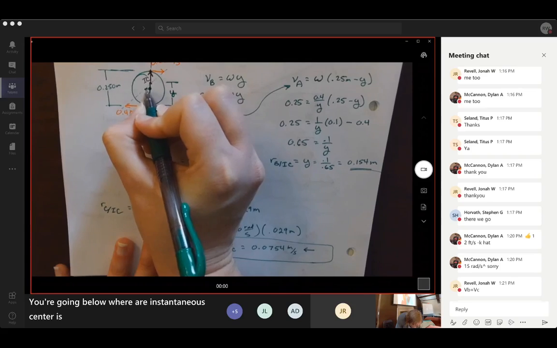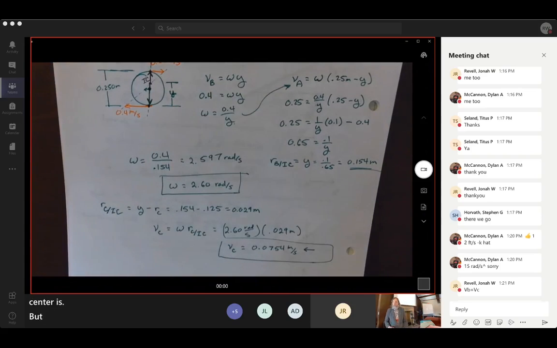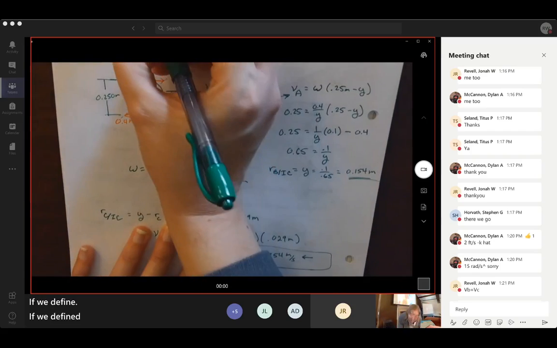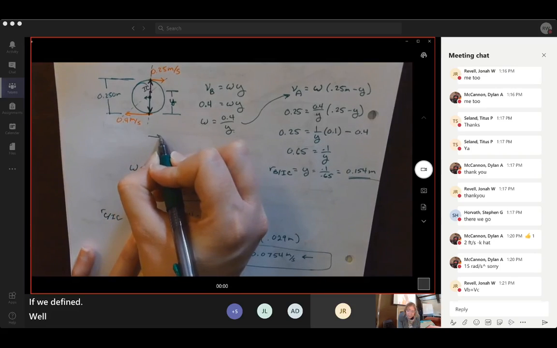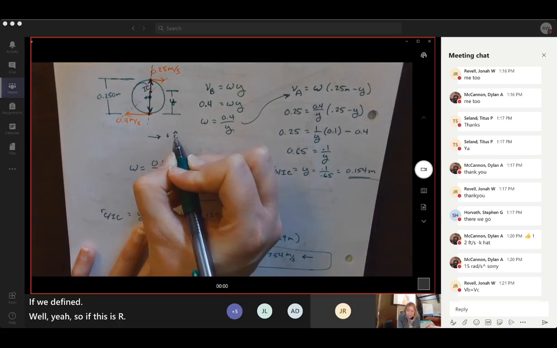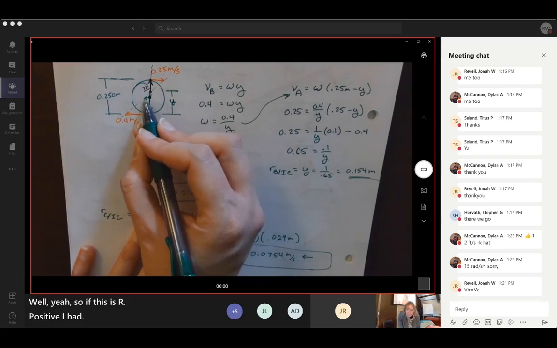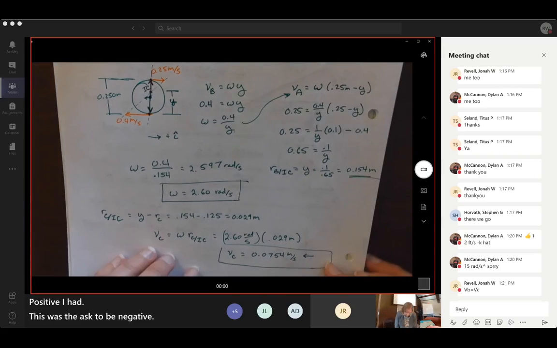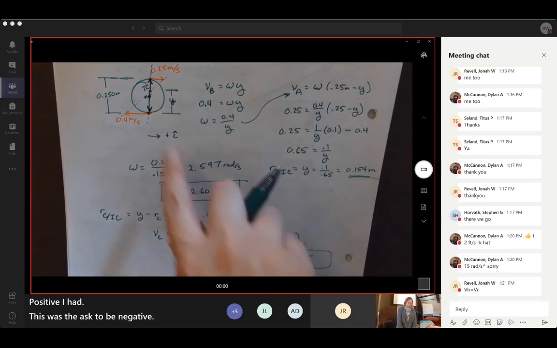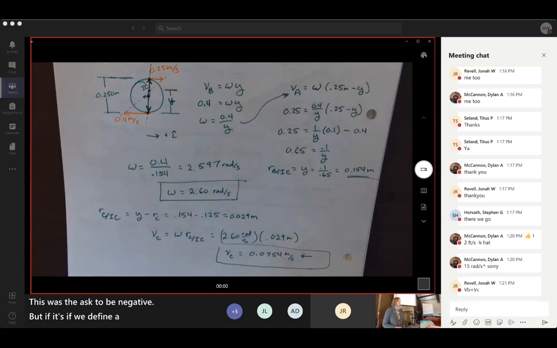Could you also write it as positive I hat? It would have to be negative I hat, right? So it depends on how we define X and Y. If we defined, well, yeah, so if this is our positive I hat, this velocity has to be negative. But if we define it the other way, it'd be positive, so.